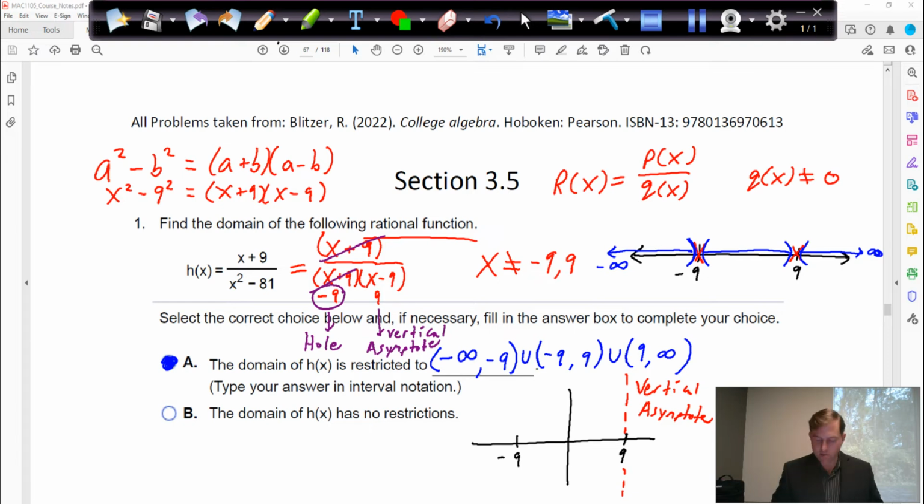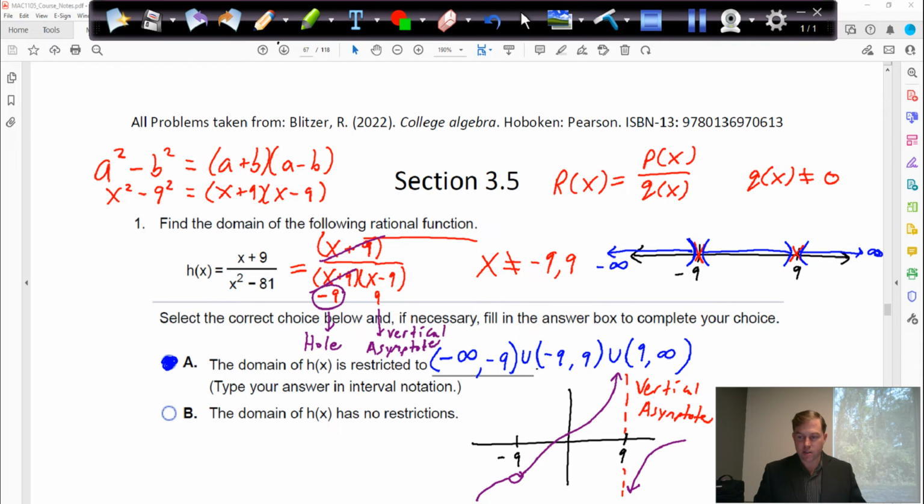It won't touch it, because if the graph touched it, that means the graph could equal 9, but then we get divide by 0, so we get an error. At negative 9, this one's kind of interesting. So whatever the graph is doing, and I don't have it, I believe it looks like this. It comes down here, and then at minus 9, you get a hole. And then I believe it goes up something like this and goes towards this vertical asymptote. And then over here it comes down towards this vertical asymptote.